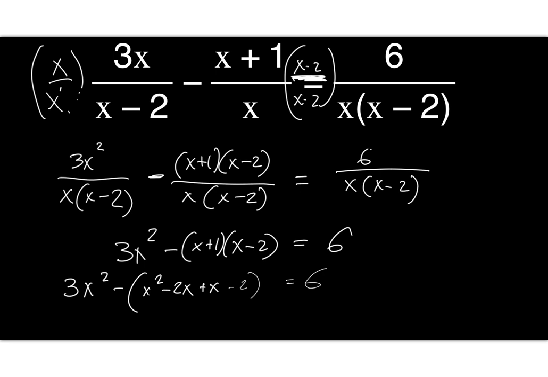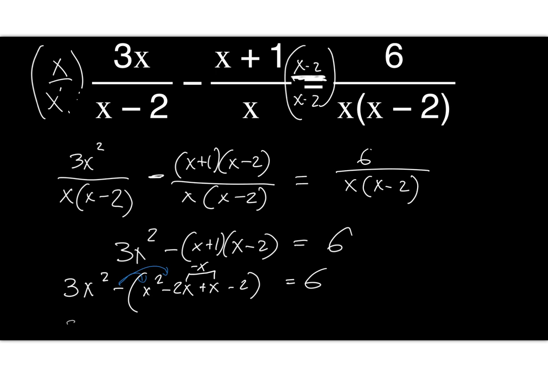The middle two terms combine: negative 2x plus x is minus x. And to skip steps and save space, this negative then needs to distribute to every term.